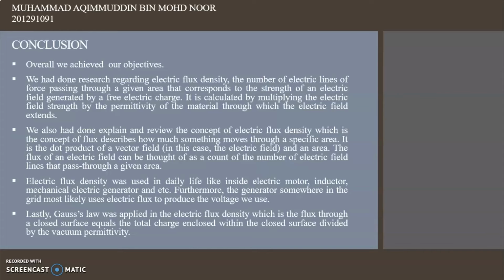The second one, we also explained and reviewed the concept of electric flux density, where flux describes how much something moves through a specific area. It is a dot product of a vector field, in this case the electric field, and an area. The flux of an electric field can be thought of as a count of the number of electric field lines that pass through a given area.